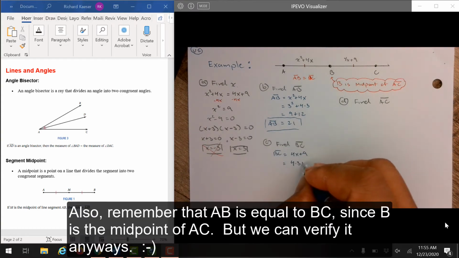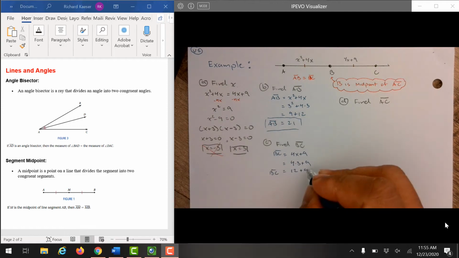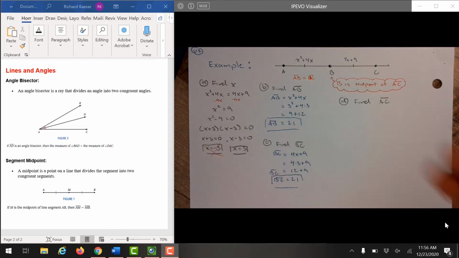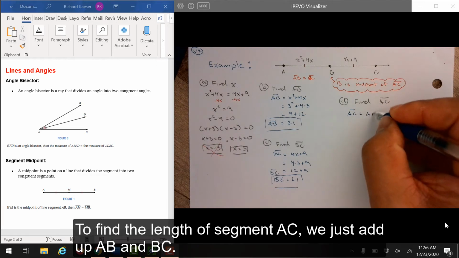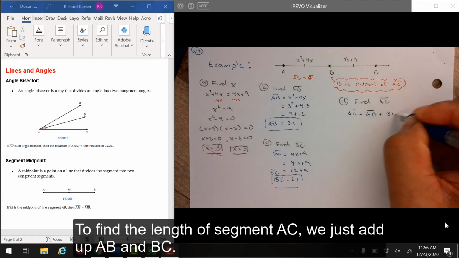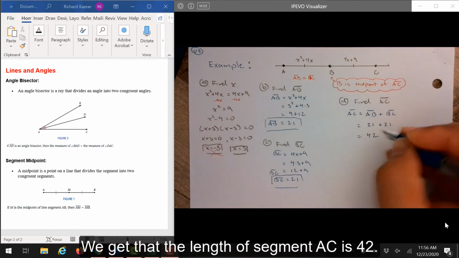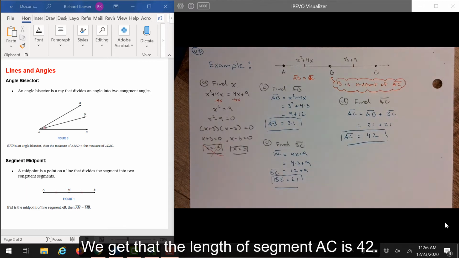Also, remember that AB is equal to BC, since B is the midpoint of AC, but we can verify it anyways. To find the length of segment AC, we just add up AB and BC. We get that the length of segment AC is 42.